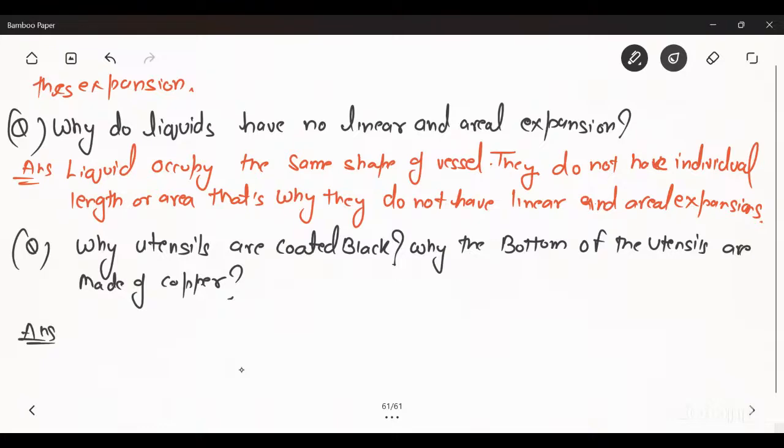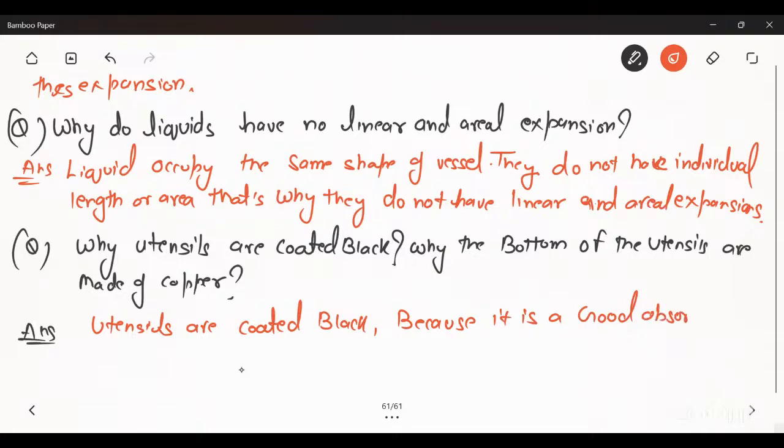Okay. So first, utensils are coated black because black is a good absorber of heat. And copper is a good conductor of heat. That's why it is used at the bottom.